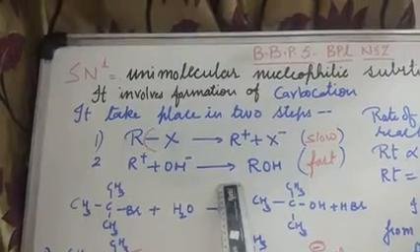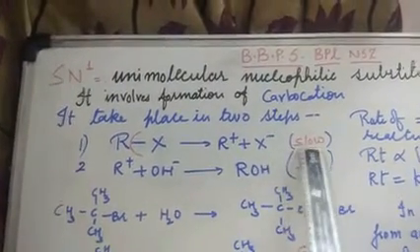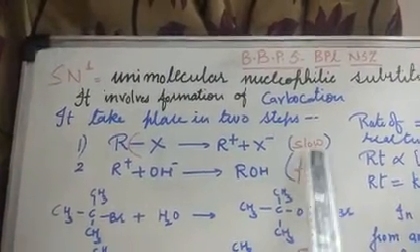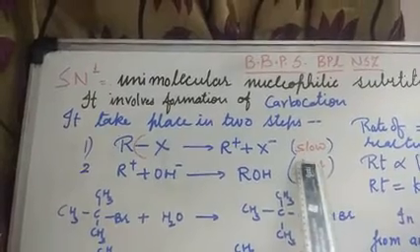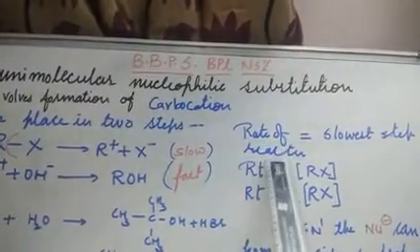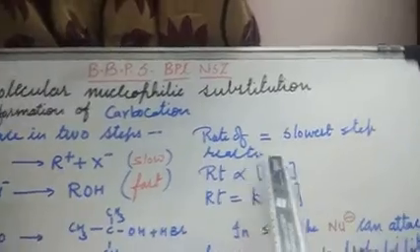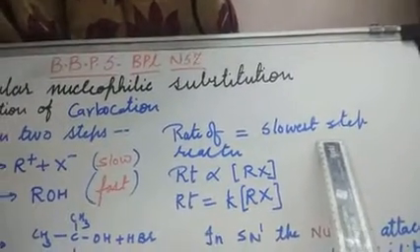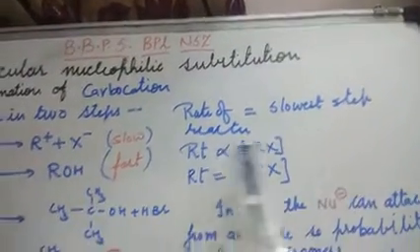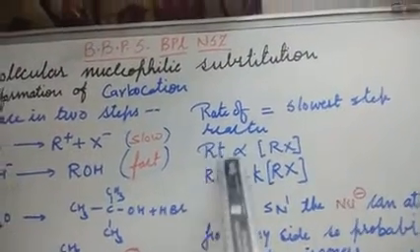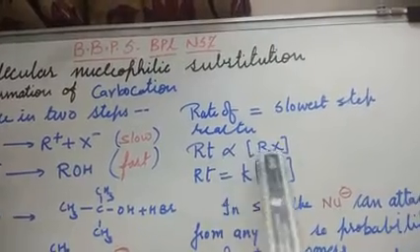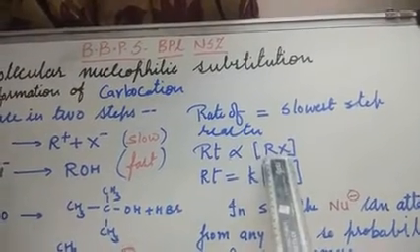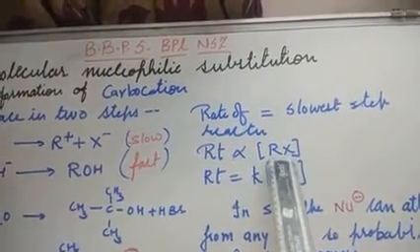So as I am telling you, the slowest step decides the rate of the reaction. Here I have written that the rate is directly proportional to the active mass of the reactant of the slowest step.